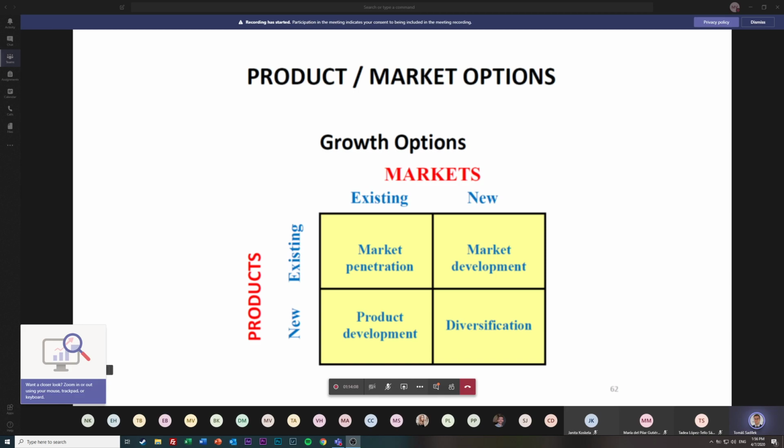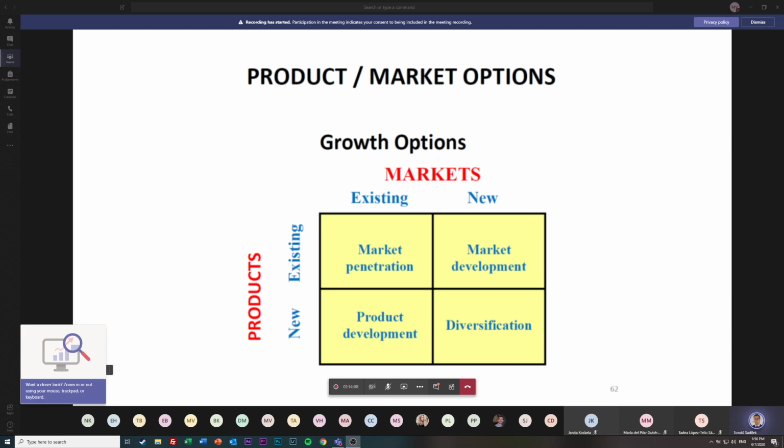The second case, market development, is if we have the existing product, but we are entering a new market. It could be a new foreign market, or it could be a domestic market, for instance a new segment of customers. So we were so far only B2C producers, but now we would like to enter the B2B market. This is an example of market development.